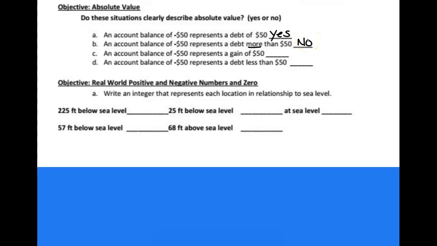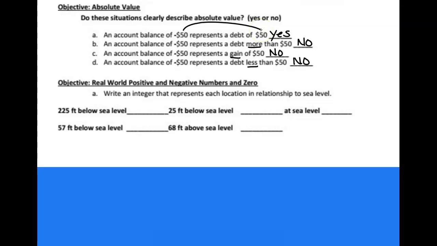An account balance of negative 50 represents a gain of $50. No. Gain is positive. An account balance of negative 50 represents a debt less than 50. No, if it's 50, it's not less than. So the only situation here is that it represents a debt of exactly $50.